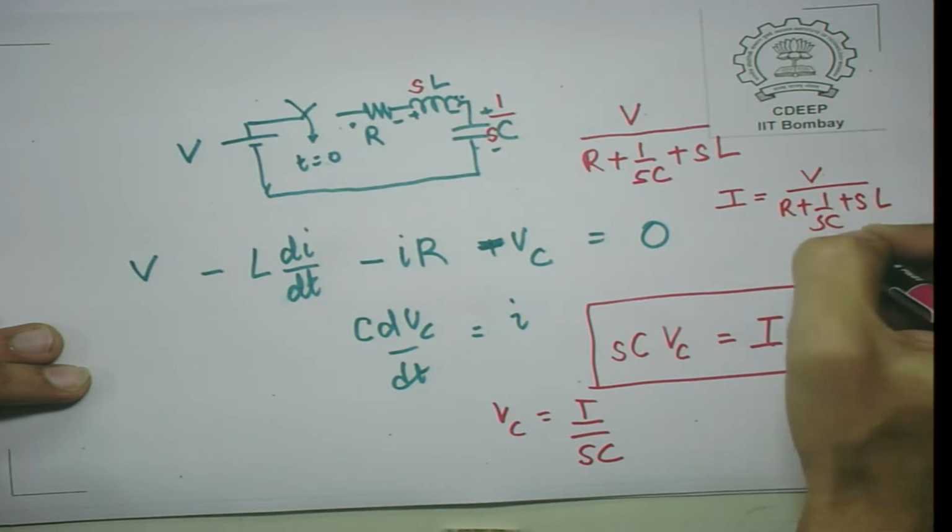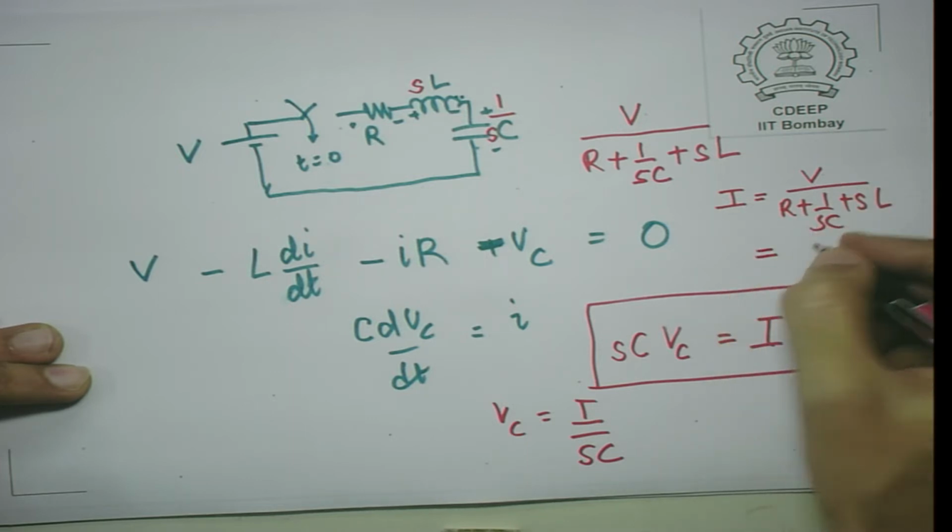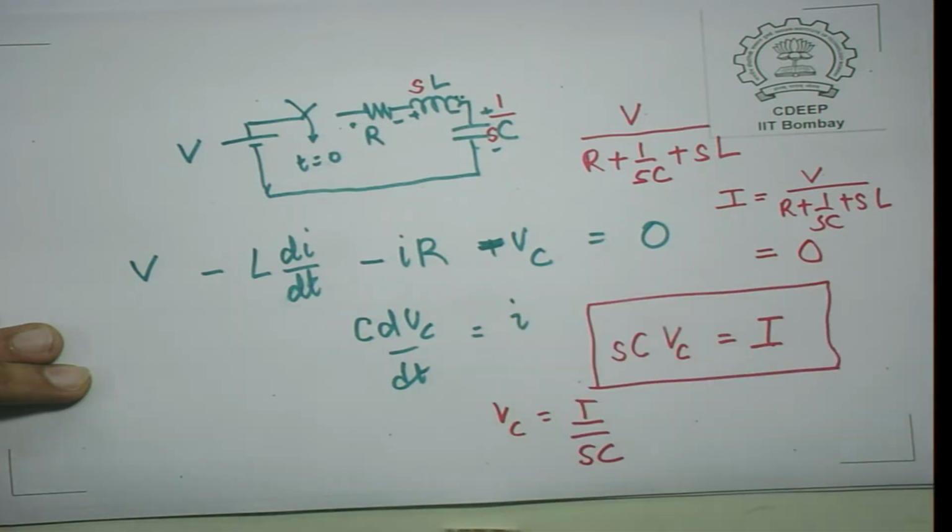If you put S is equal to 0, this will become equal to 0, because Sc will be tending to infinity. So, what you find is that in this circuit the DC steady state current is simply obtained by plugging in S is equal to 0. This will give you the DC steady state.